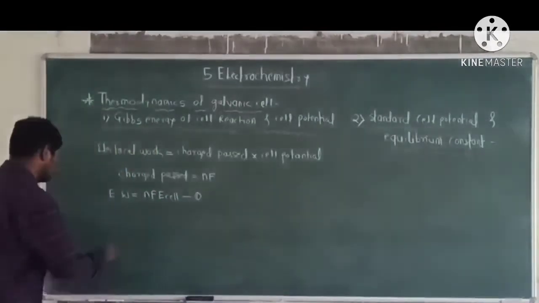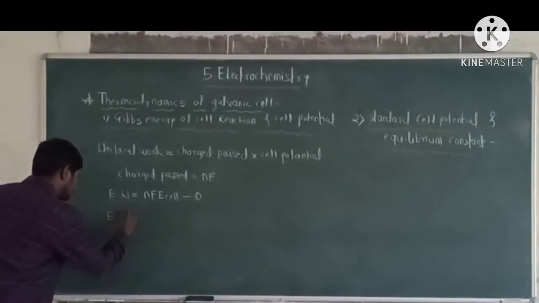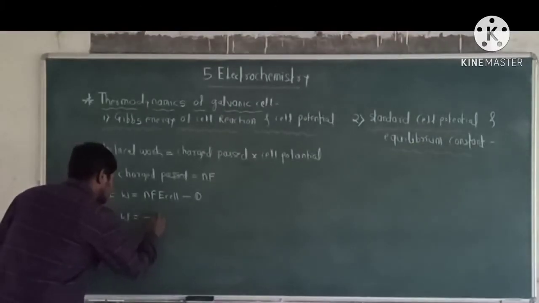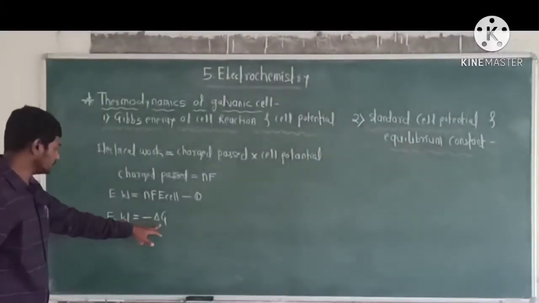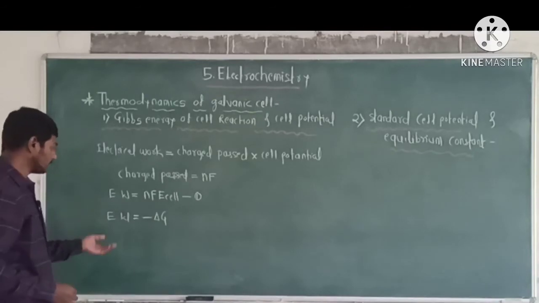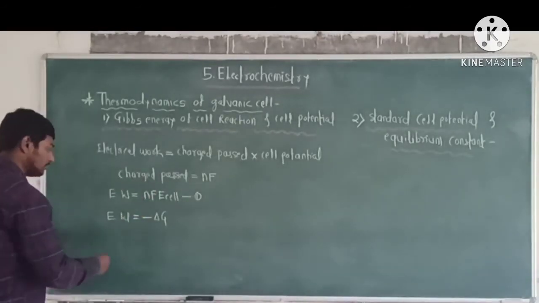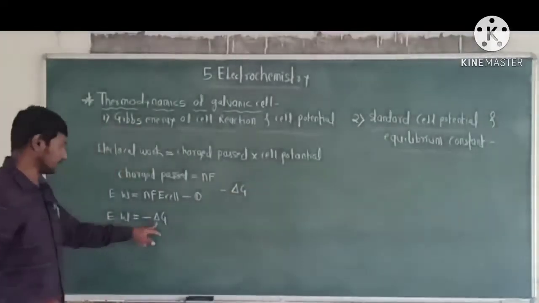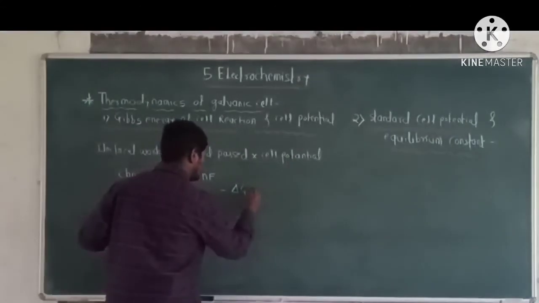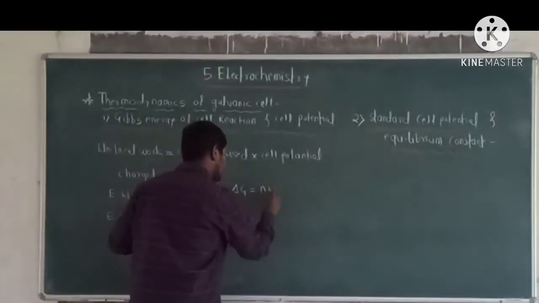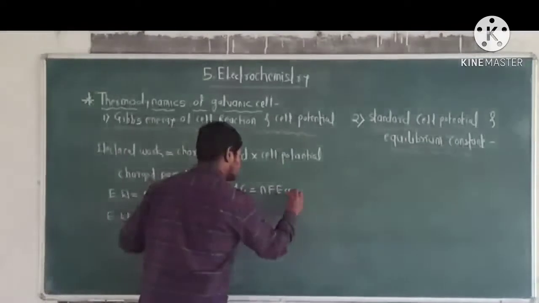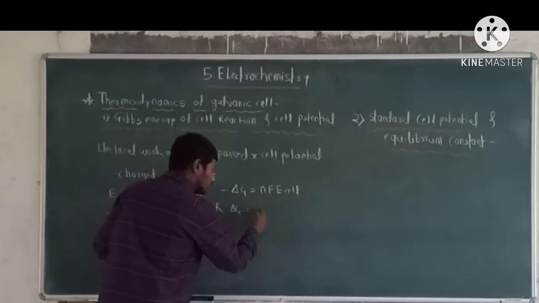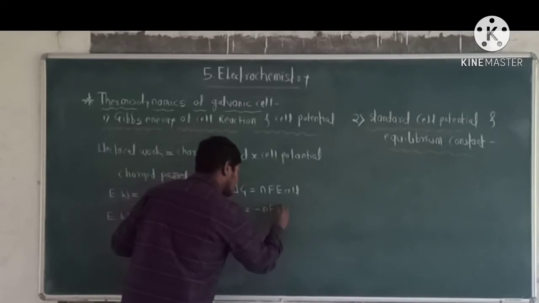That is, electrical work is equal to decrease in Gibbs energy, that is minus delta G. Now after that equation number 1 becomes minus delta G is equal to nF E cell, or delta G is equal to minus nF E cell.